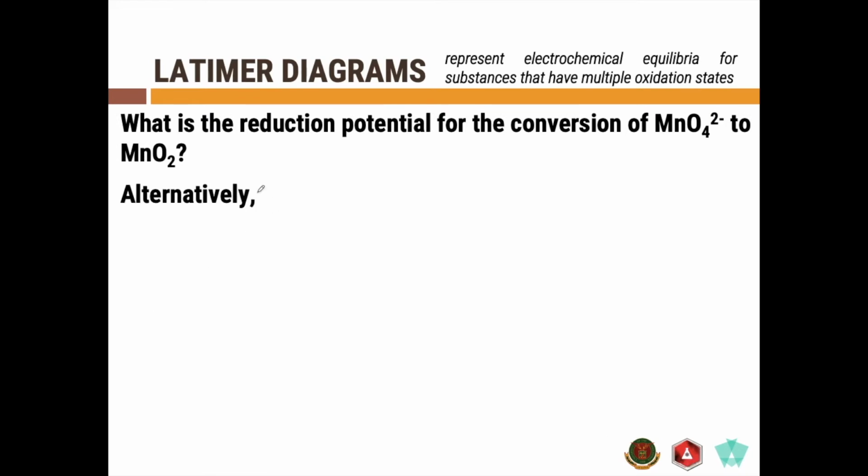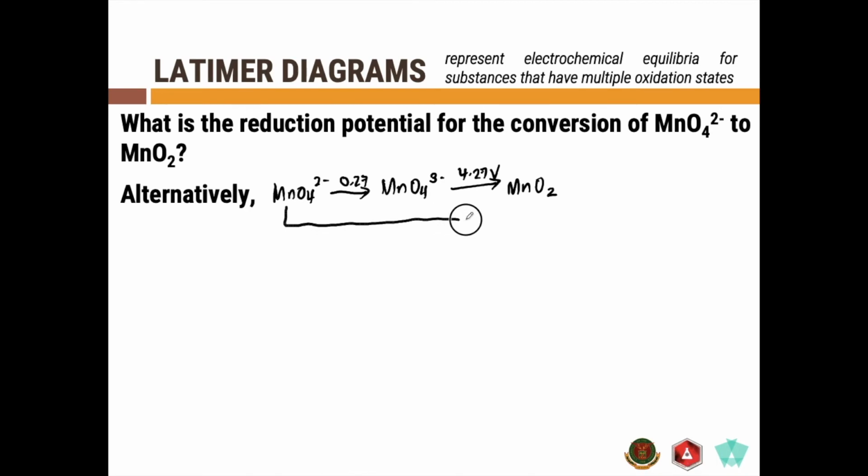Alternatively, what you can do is to use the Latimer diagram. So you have your MnO4 2 minus is 0.27, then MnO4 3 minus, and then you have 4.27 volts giving you MnO2. If you want to get the reduction potential from MnO4 2 minus to MnO2, we can use the same strategy, but instead of calculating delta G, we just cancel everything out from the nFE equation.